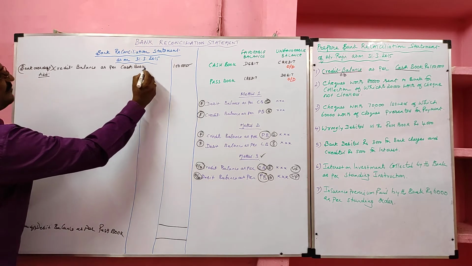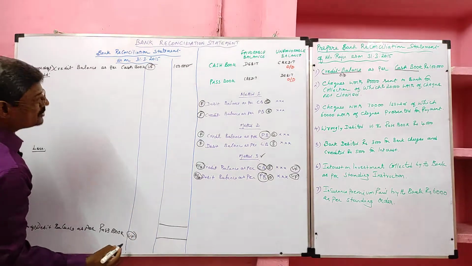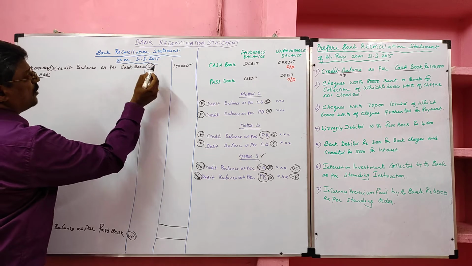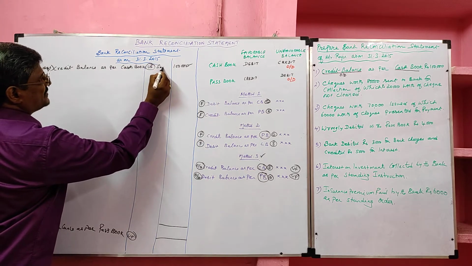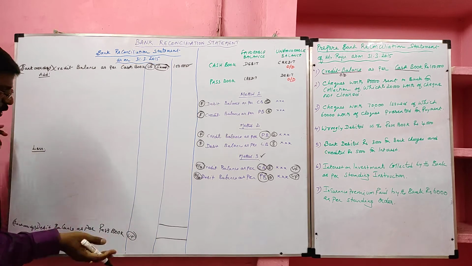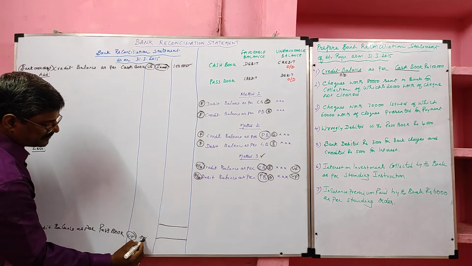Starting point also unfavorable, ending point also unfavorable. So what we are supposed to do? For whatever they did in the cash book, we should give same effect. For whatever they did in the passbook, we should give opposite effect.